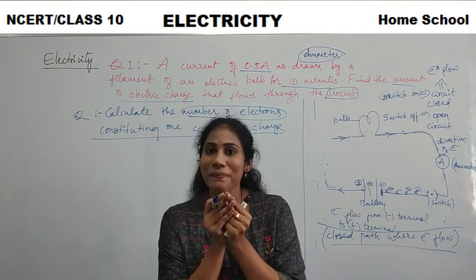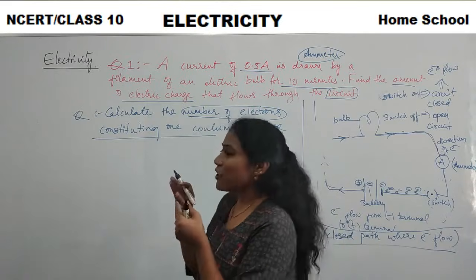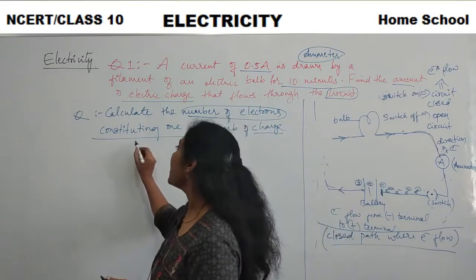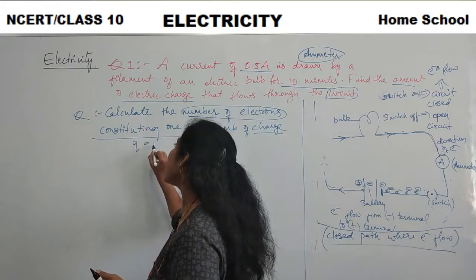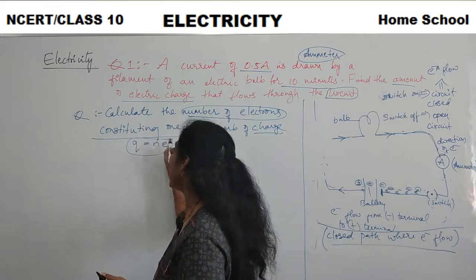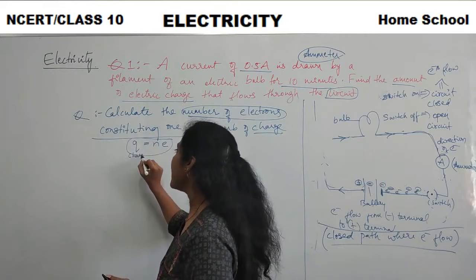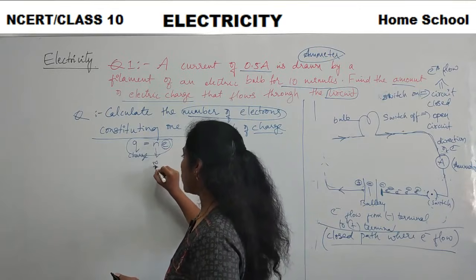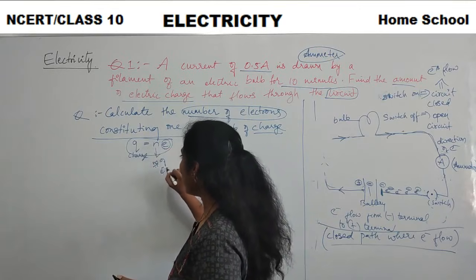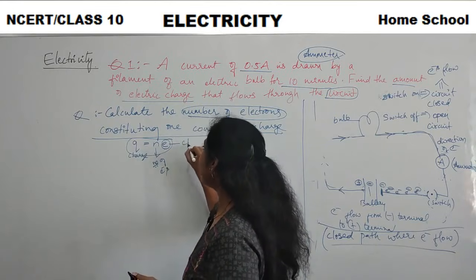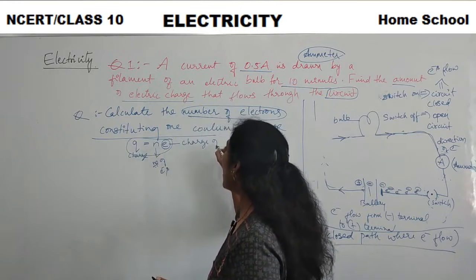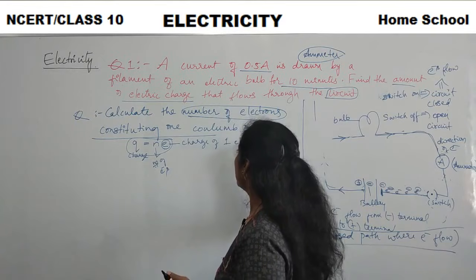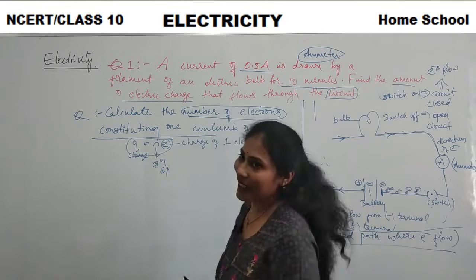That's what the question is. For this question, many of the teachers would give the formula Q is equal to Ne. Q is nothing but charge, N is number of electrons, and e is the charge of 1 electron.